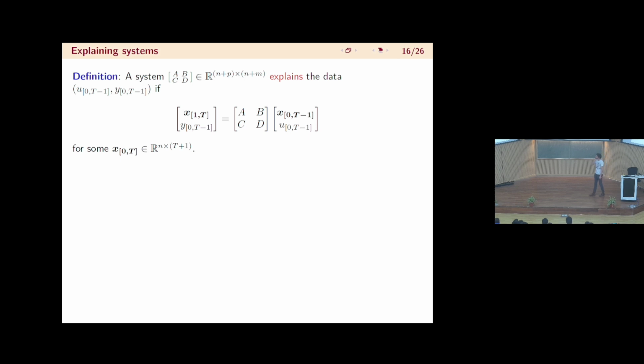This is a definition we already saw before the break. It's a very important one, though. So we say that the system A, B, C, D explains the data, or is consistent with the data, if there exists some sequence of states, x from time 0 up to t, such that this equation is satisfied.